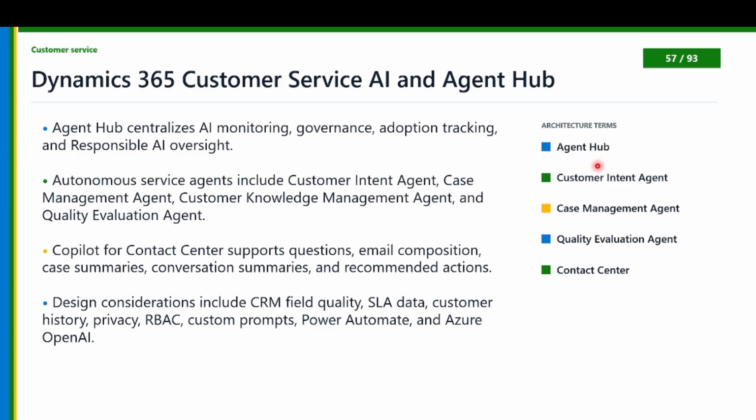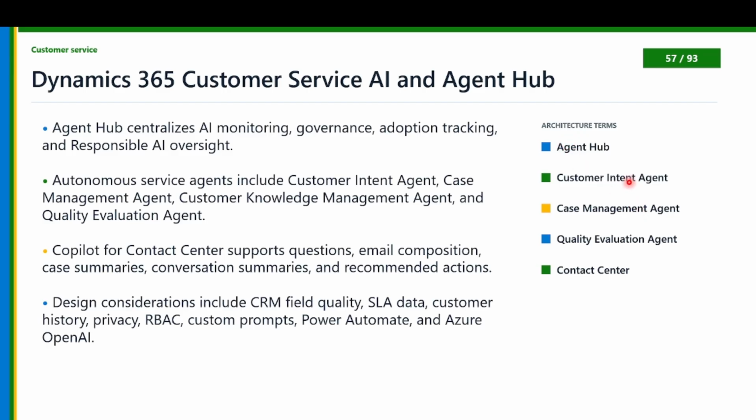Agent Hub. So the architecture term to understand under Dynamics 365 Customer Service is Agent Hub. You have customer intent agent, case management agent, quality evaluation agent, and contact center agent. Agent Hub is just like the platform to deploy the agent in Dynamics 365 CRM.